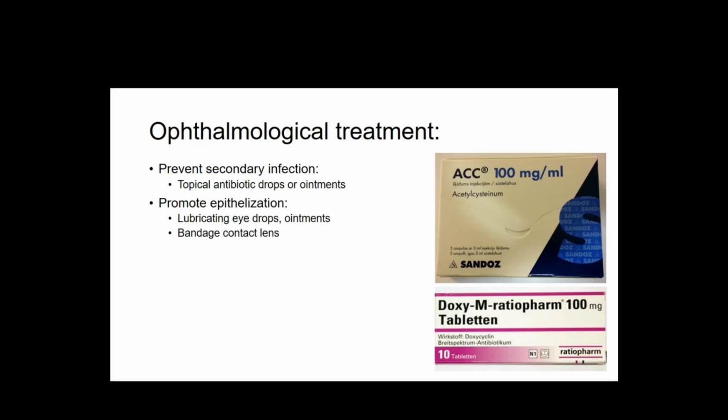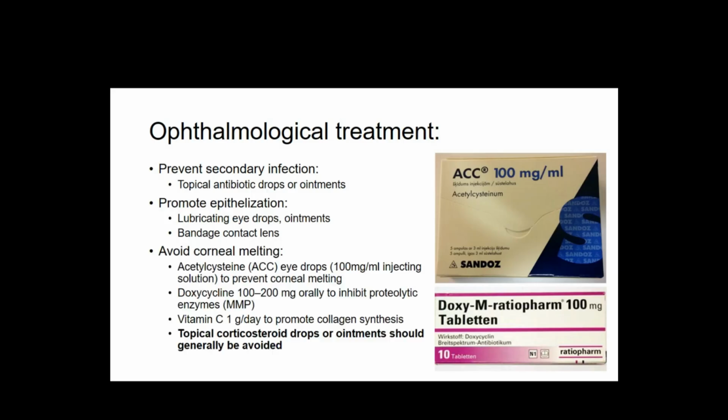So the second aim for us would be to promote epithelialization, because when the ulcer closes, or the epithelium is closed, then the patients will not have a high likelihood of corneal melting and perforation. So lubricating drops in addition to the antibiotics or ointments would be quite useful or should be used.